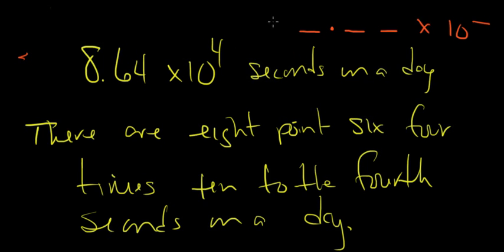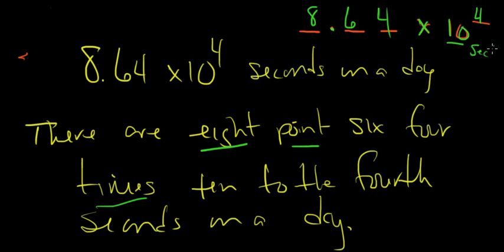We have our number 8, point, 6, 4 times 10 to the 4th seconds in a day. We can put seconds per day. That's how we would write it.